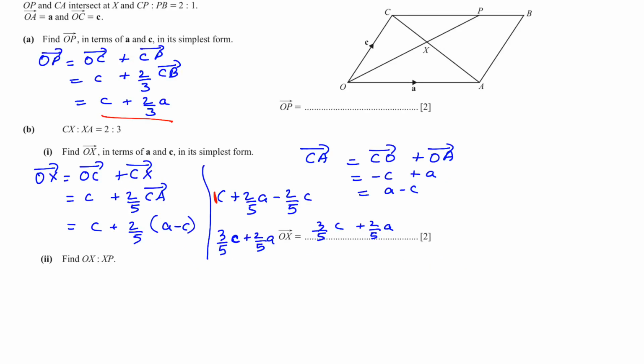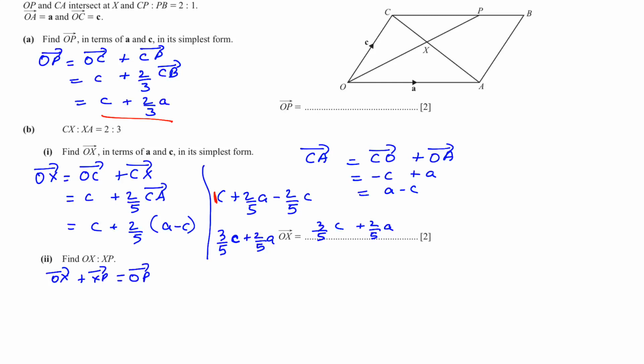B2. Find the ratio of OX to XP. We already have OX, we need to find XP. Let's understand the question. You have OX, you need to find XP. OX plus XP is equal to OP.